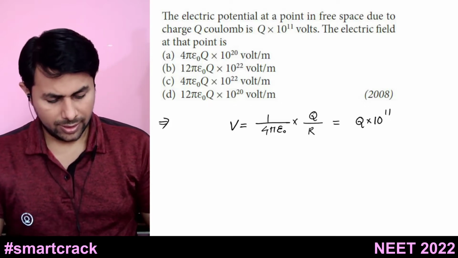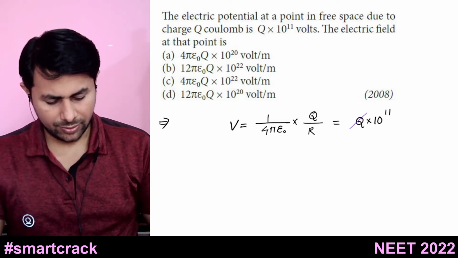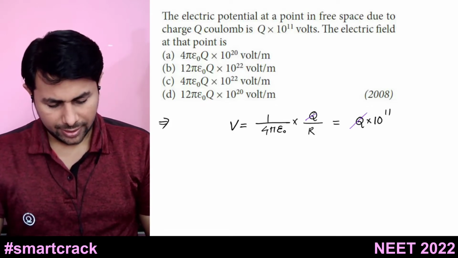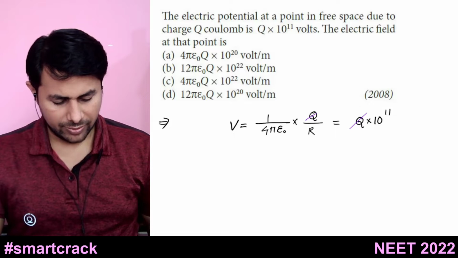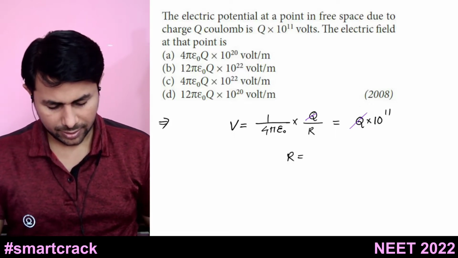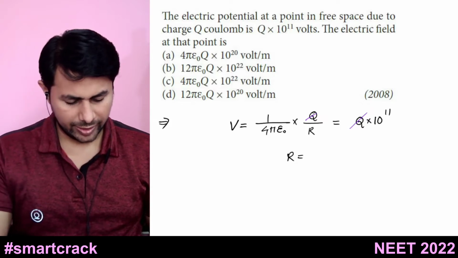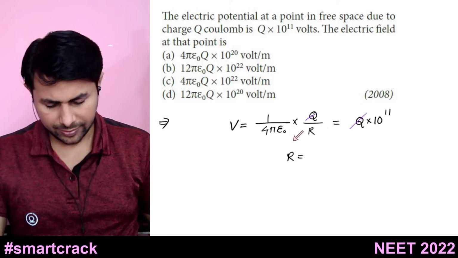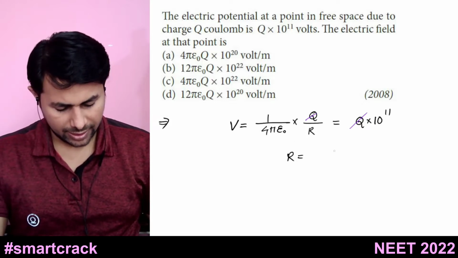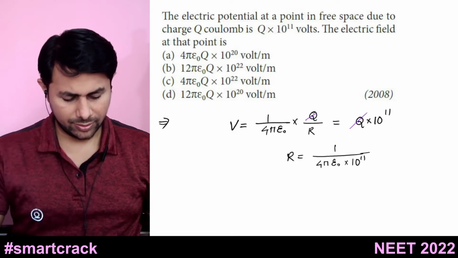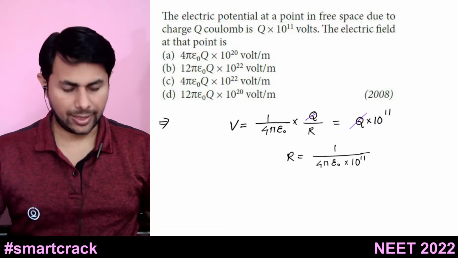Okay, so we can cancel out q like this, and we get R equals 1 over 4 pi epsilon naught into 10 raised to 11, right?